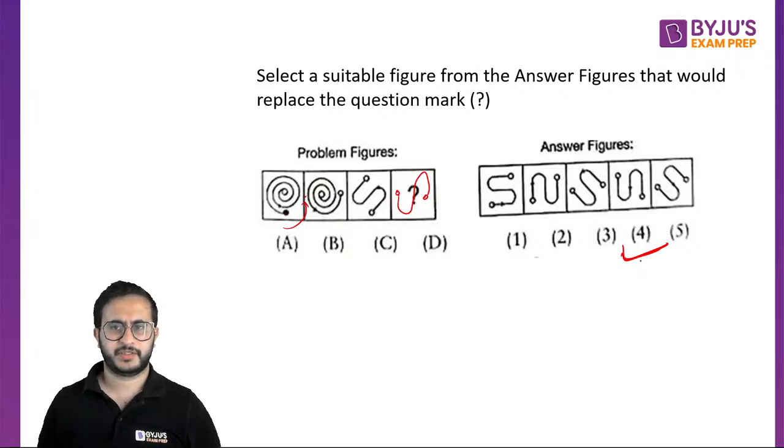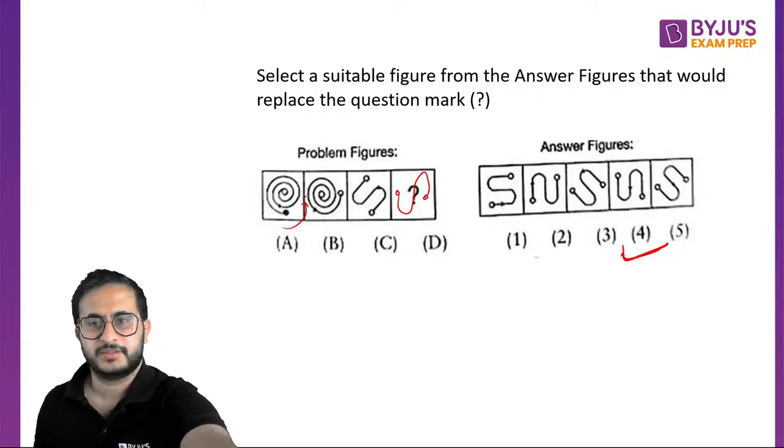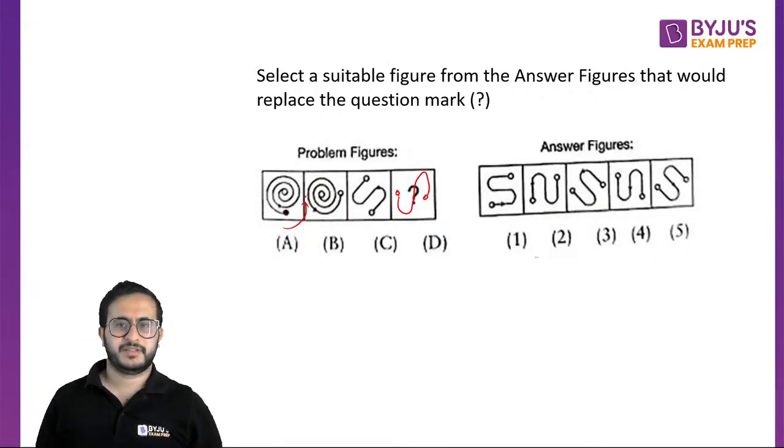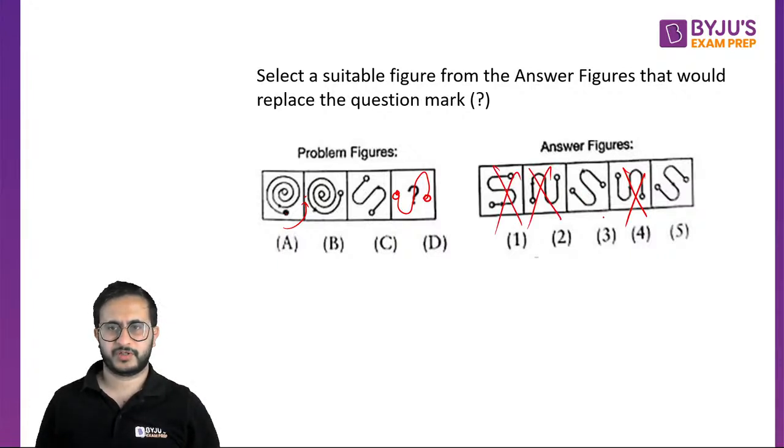No, no, no, wait. It will not come here, it will come slanted. The end points have to be at the center of the sides, not at the. So this is wrong. This is wrong. This is wrong. One of these will be the answer, 3 or 5. See, the end points will come at the center.